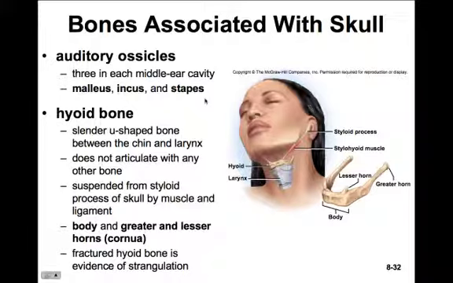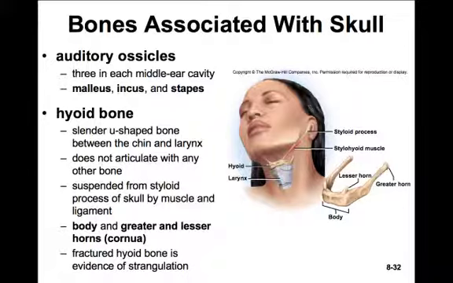Also, the hyoid bone. It's a slender U-shaped bone that's located between the chin and the larynx, or the voice box. It doesn't articulate with any other bones. So if we removed all the musculature, the hyoid bone would simply fall off. On our skeleton, Hank, it's screwed on to one of his vertebrae.